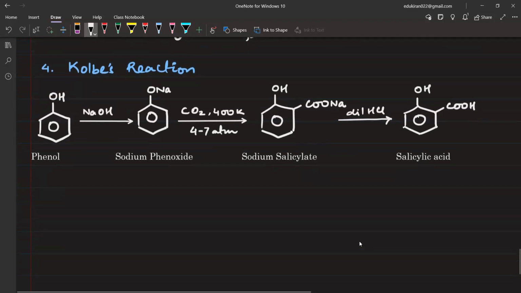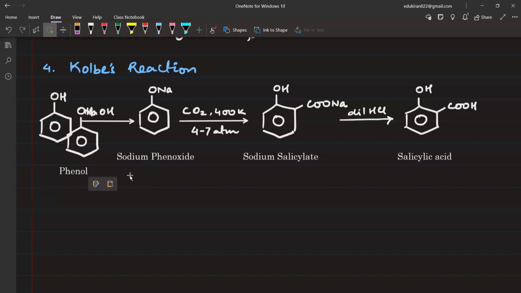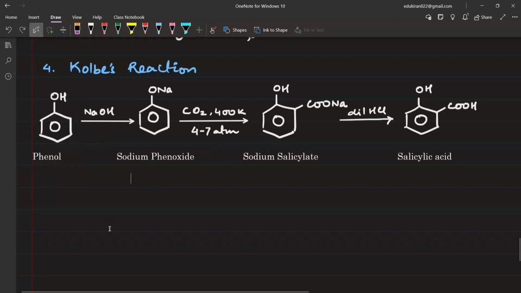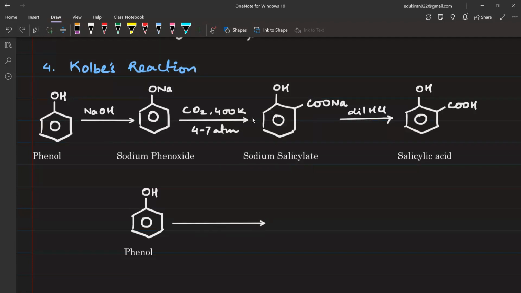Now, if you can write the Kolbe reaction, you don't have to do much, you just have to start from phenol. So start with phenol, and you are going to do a two-step reaction. No need to remember 400 Kelvin, 4 to 7 atm.